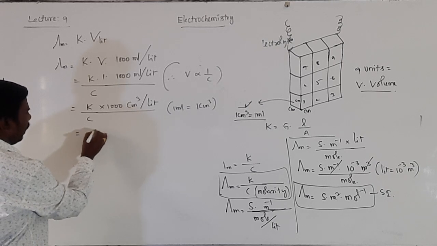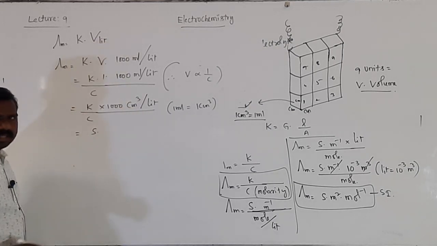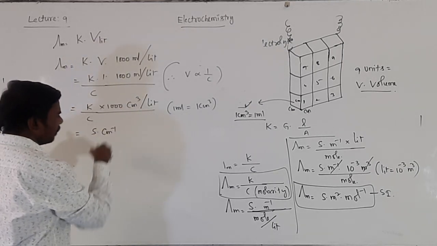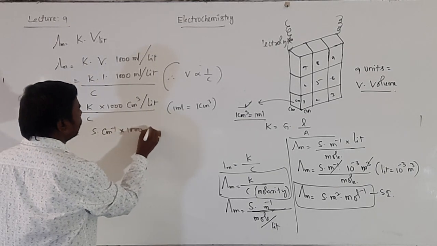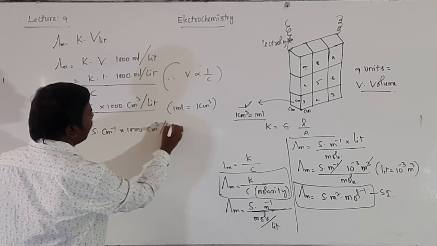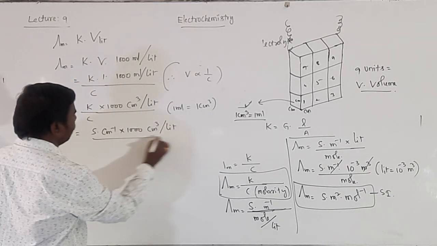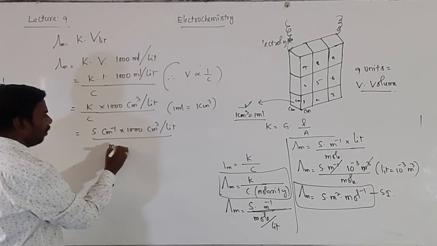For units, K is Siemens centimeter inverse, CGS unit I am taking now, into 1000 centimeter cube per liter, by concentration in mole per liter.